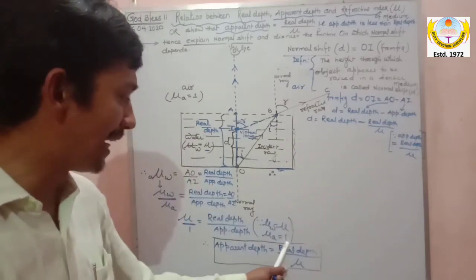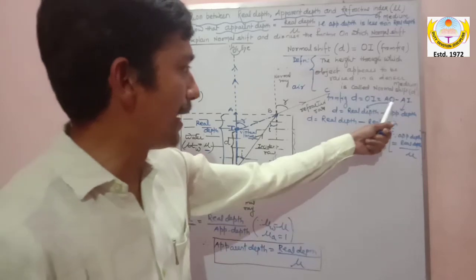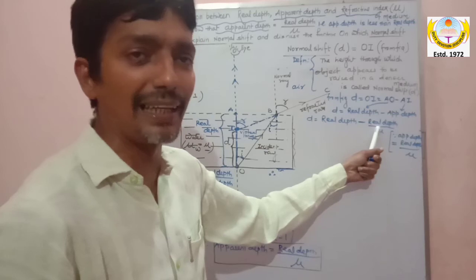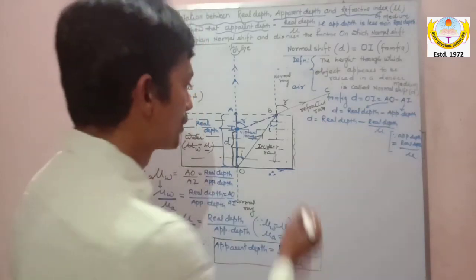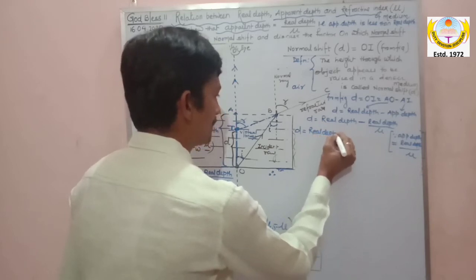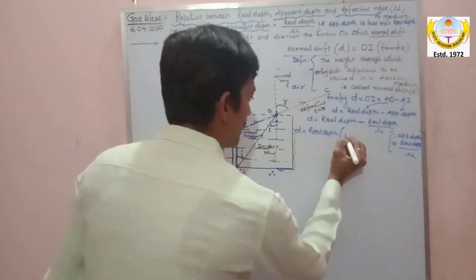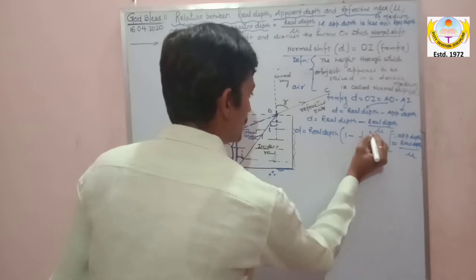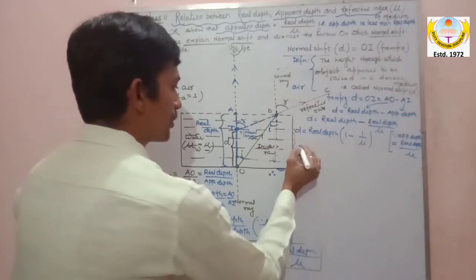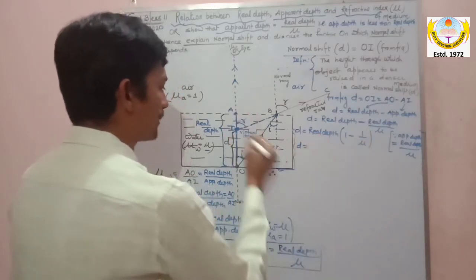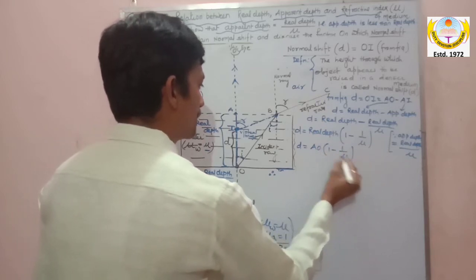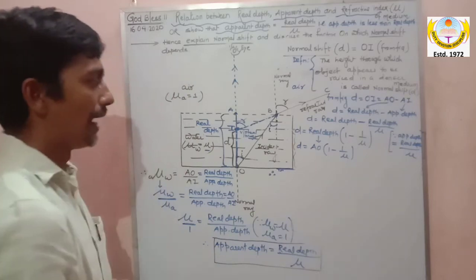Here AO is real depth, AI is apparent depth. Real depth I have written as it is, apparent depth can be written as real depth upon mu. So now D is equal to real depth taken common, so this is 1 minus 1 by mu. So D is equal to AO into 1 minus 1 by mu. I hope it is clear.